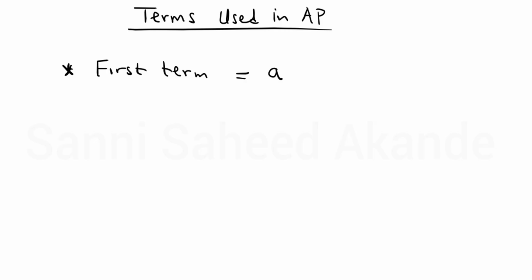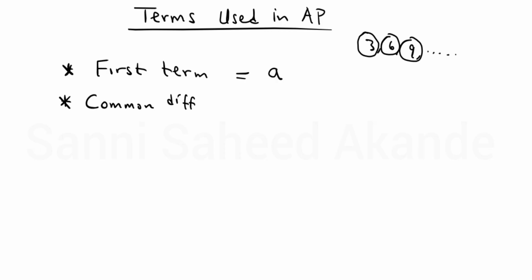So when we have an AP, say 3, 6, 9 and so on, this first number is what we call first term.